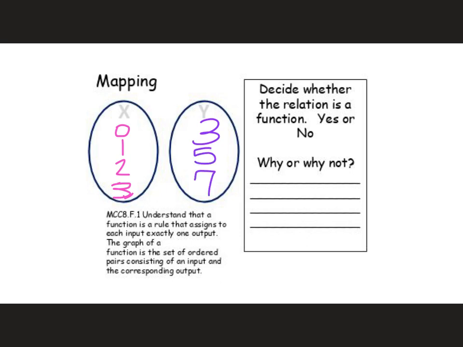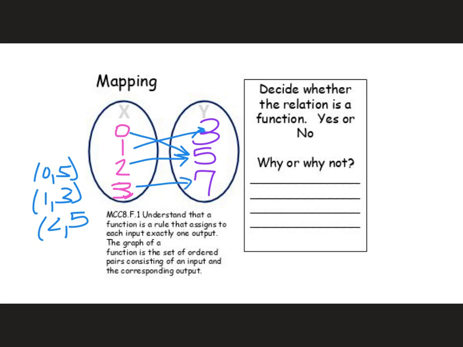All right, so from here we can create a mapping where we are going to connect the points. So let's say we have an ordered pair of 0, 5. 0 is paired with 5. Let's say I have 1, 3. 1 is paired with 3. Say I have 2, 5. 2 is paired with 5. And then let's go with 3, 7.